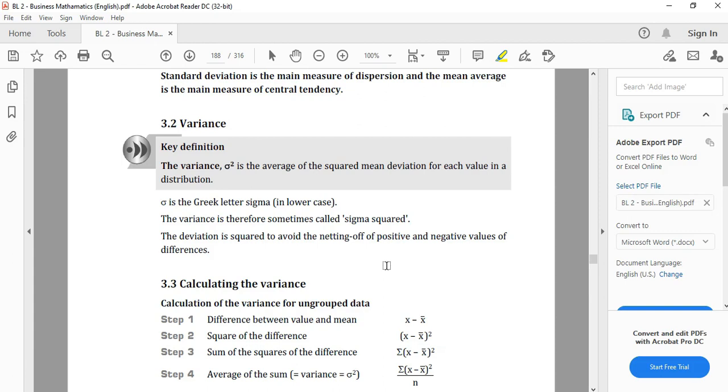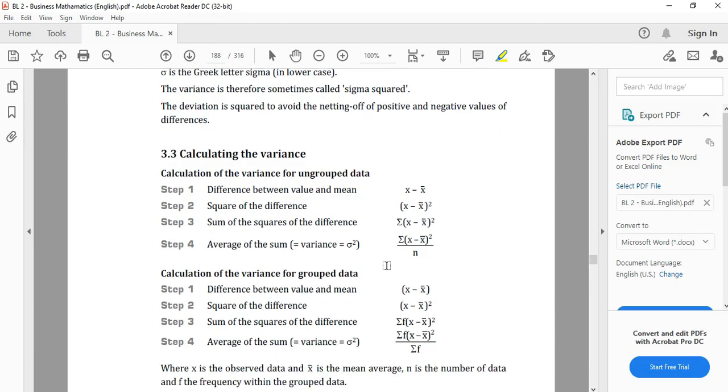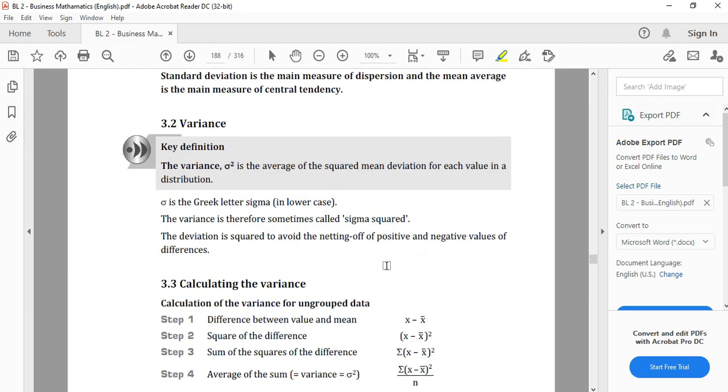Even though that is what we do, we make some extra adjustments to get the real valid variance. So the variance is considered the average of the squared mean deviation for each value in a distribution. And the symbol of the variance is sigma squared. Now, they might give you this symbol in the exam, so be sure that you are aware of it.